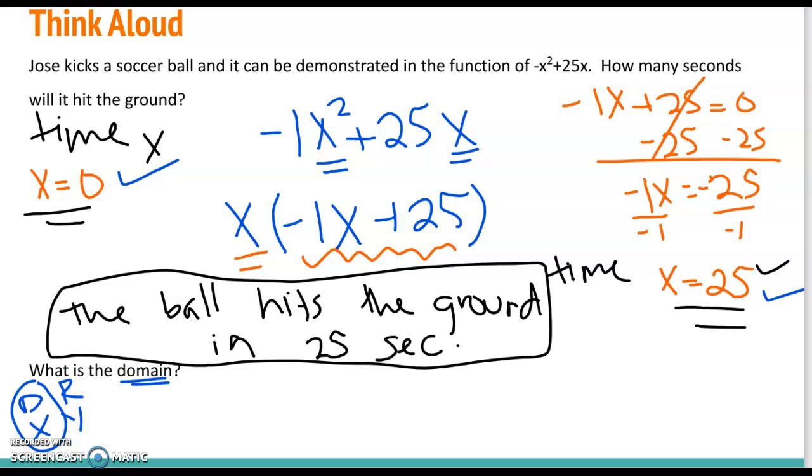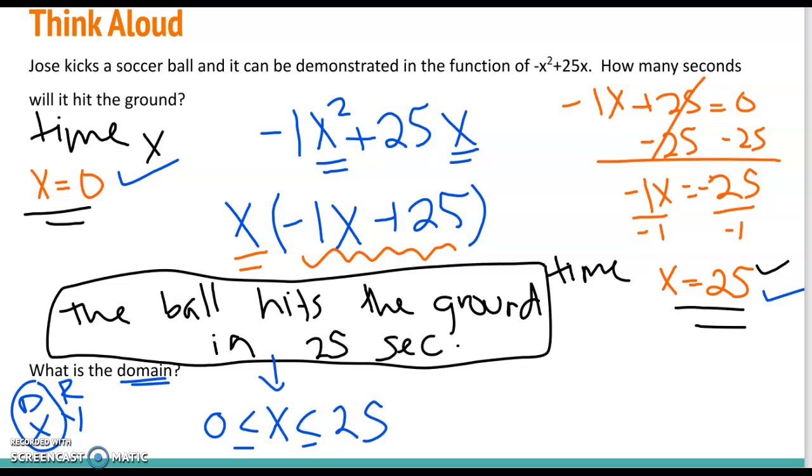And I'm going to be using those numbers when I'm finding the domain. So I always want my lowest number first, which is that 0. It's going to be our x value is less than or equal to my highest number, which is 25, right? And that is how I find domain.